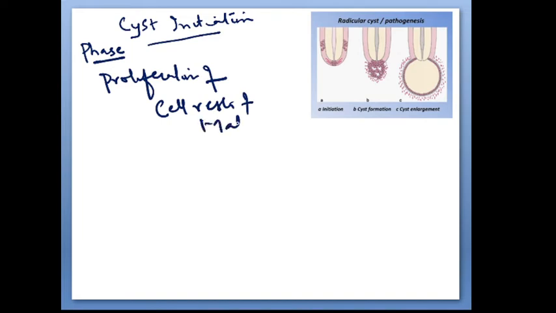Number two, there is already inflammation in the periapical area, in the form of periapical granuloma.